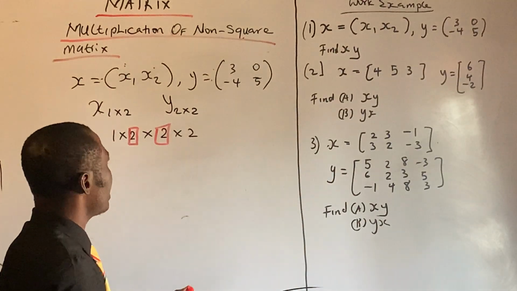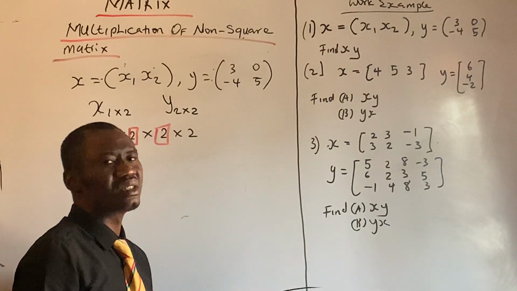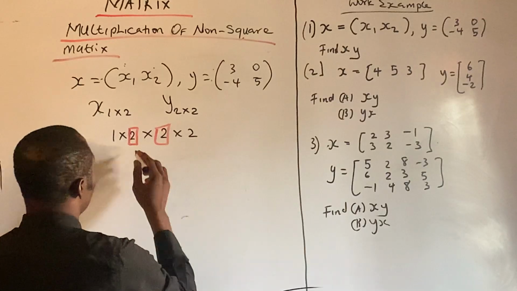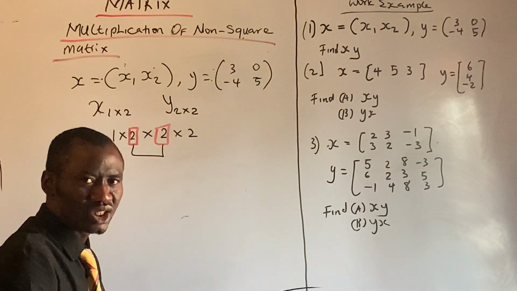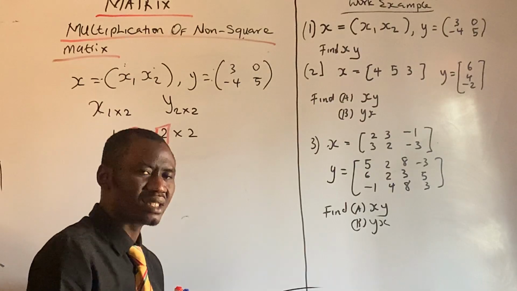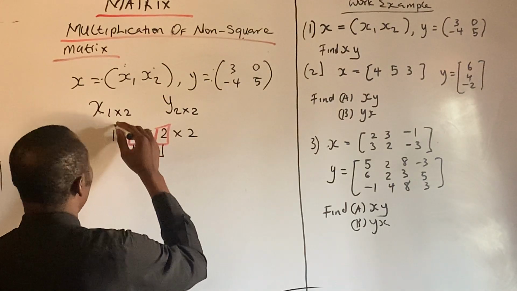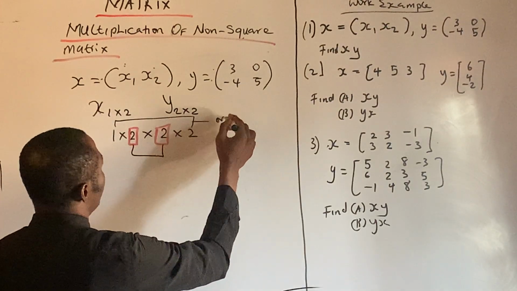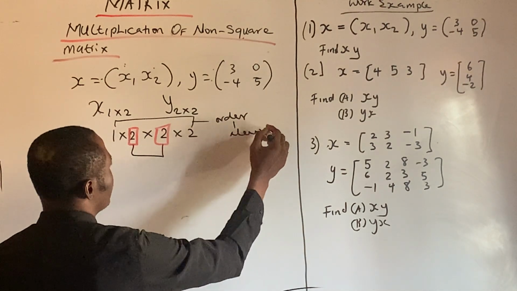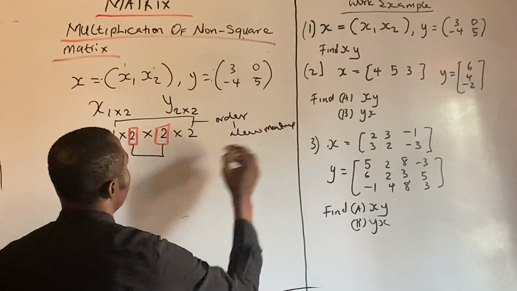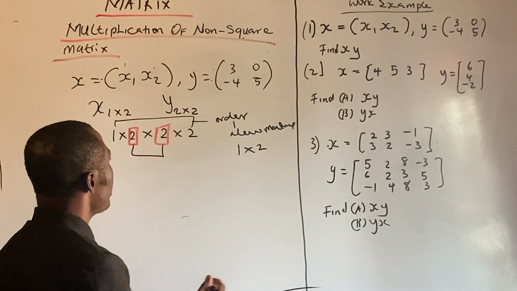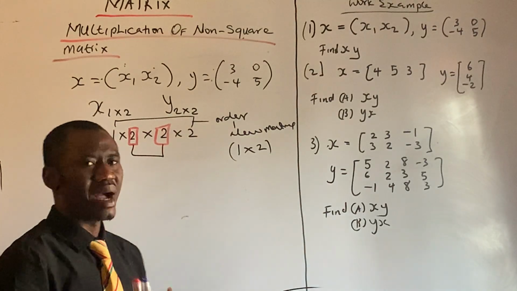If this is the same, it means the multiplication is possible. So this is the same, the multiplication is possible. What of the order of the answer? The order of the new matrix will be 1 by 2.